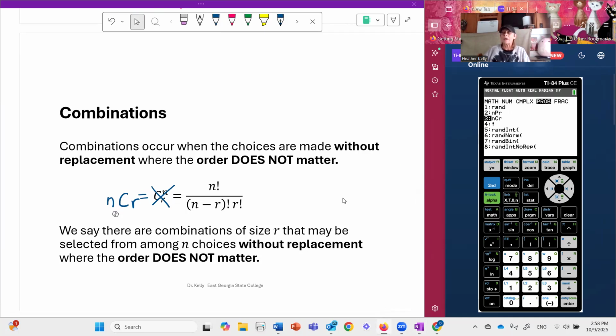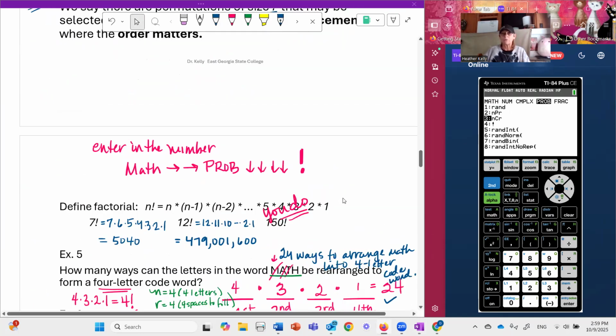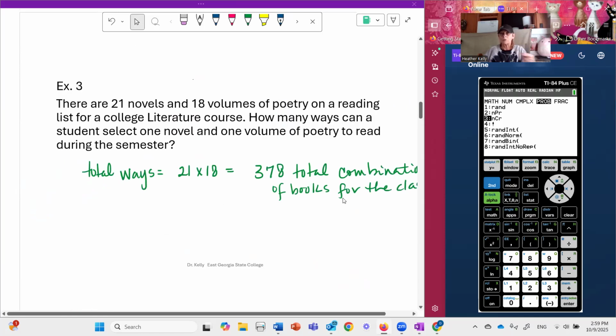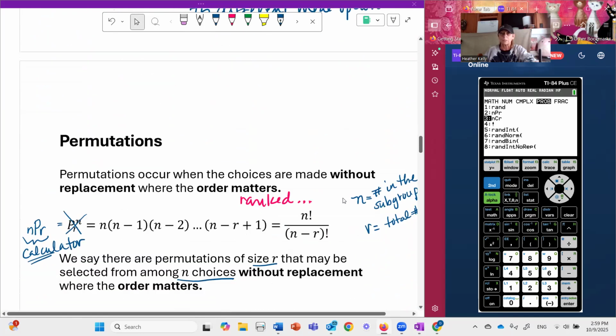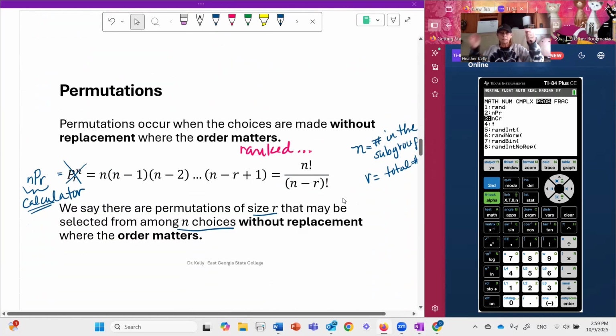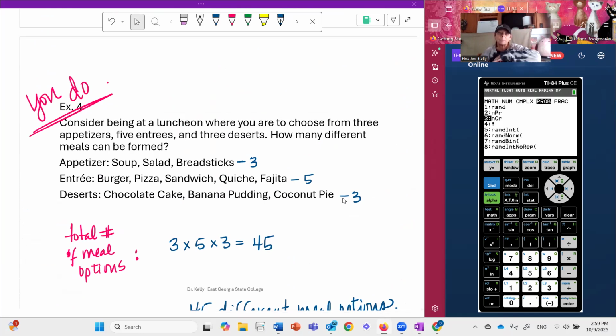And these are without replacement. Everything that we've done, with the exception of our very first things up here where we're just counting and adding, those were with replacement, right? It didn't matter. There was an unlimited amount of soup, an unlimited amount of breadsticks, an unlimited amount of salad.